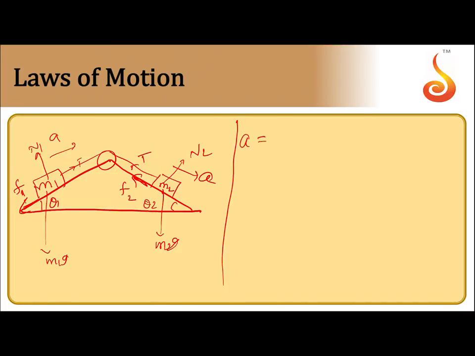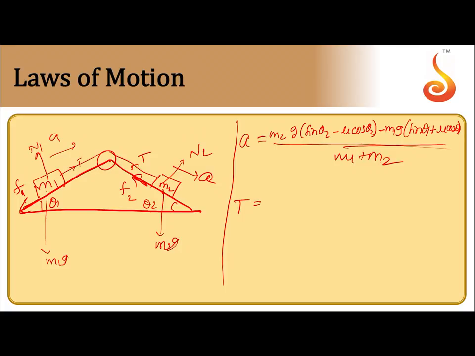Acceleration is equal to m2g into sin theta 2 minus mu cos theta 2, minus m1g into sin theta 1 plus mu cos theta 1, whole divided by m1 plus m2. And the tension in the string can be obtained using the following equations.